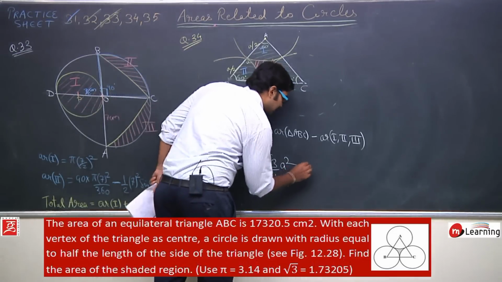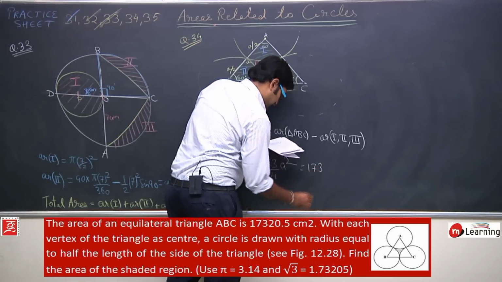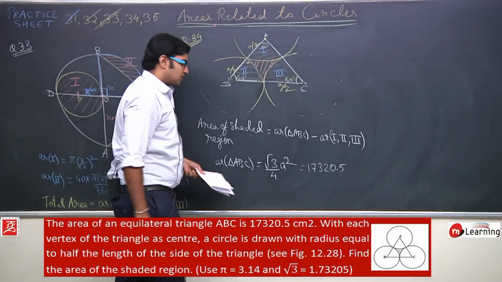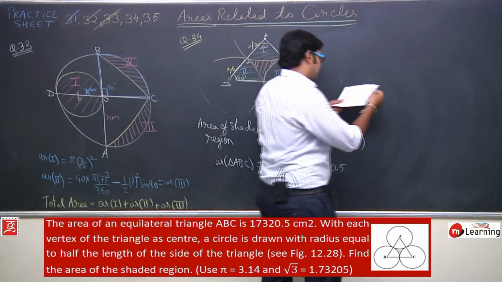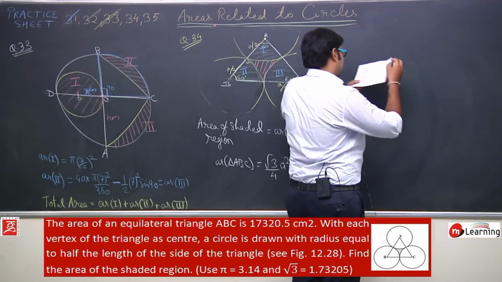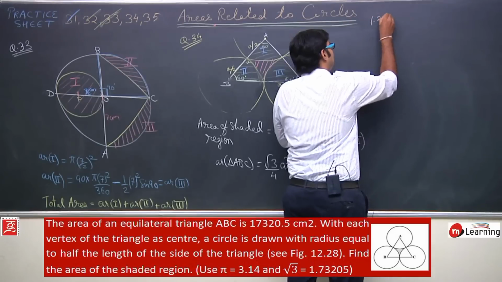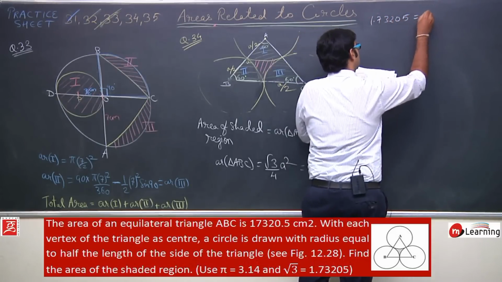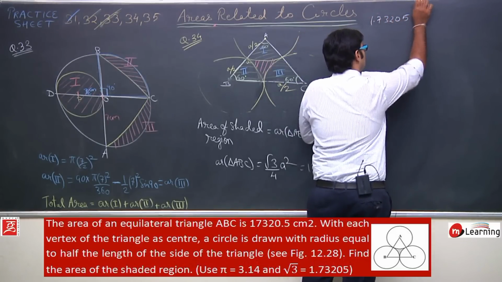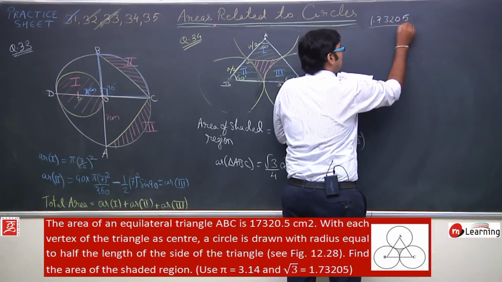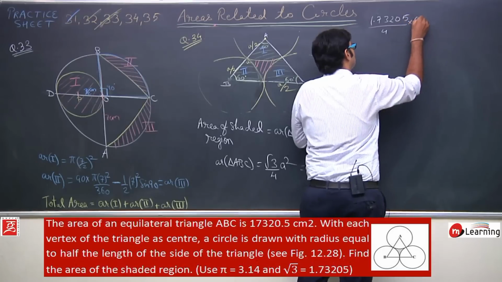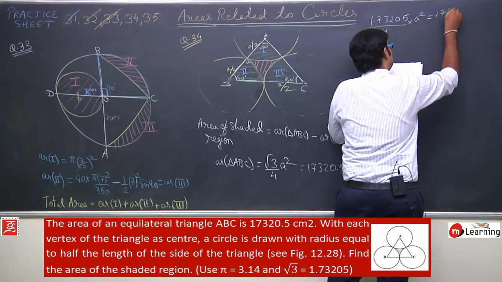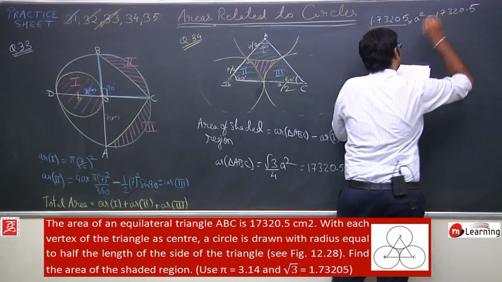What is the area given? The area given is 17320.5. It says to assume root 3 as 1.73205. So root 3 upon 4 into a squared is equal to 17320.5.